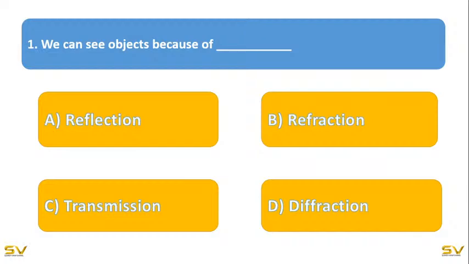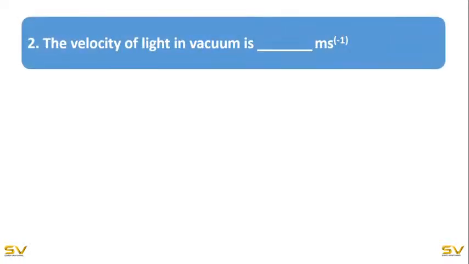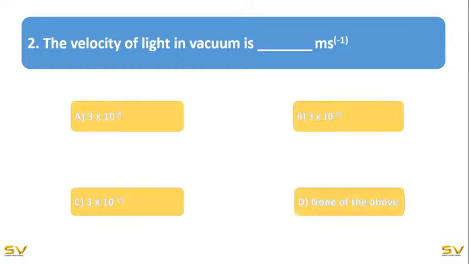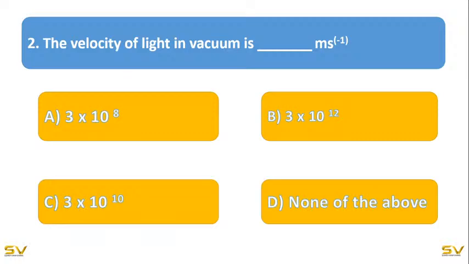Now it's time for the second question. The velocity of light in vacuum is dash meter per second. So what is the velocity of light in vacuum? The options are A, 3 into 10 to the power of 8, option B, 3 into 10 to the power of 12, option C, 3 into 10 to the power of 10, and option D, none of the above.